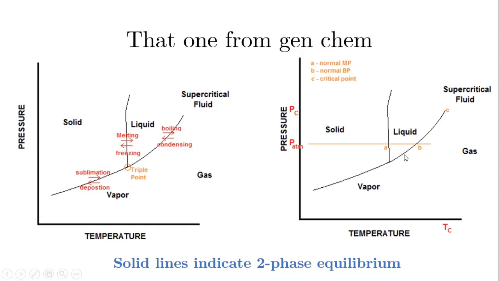If you define a state anywhere on this line, that means that both the liquid and the gas will coexist. Okay, so as we discussed a few minutes ago, if I have a boiling cup of water, I have both the steam and liquid water coexisting. And that's when we have two phases, one component.